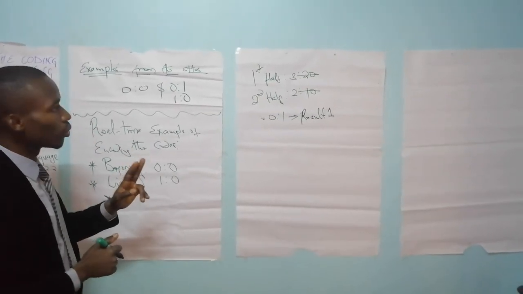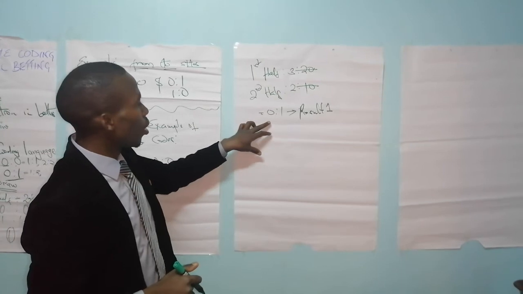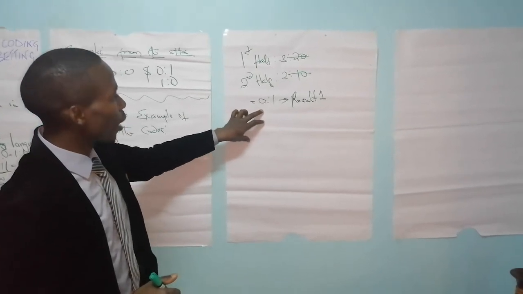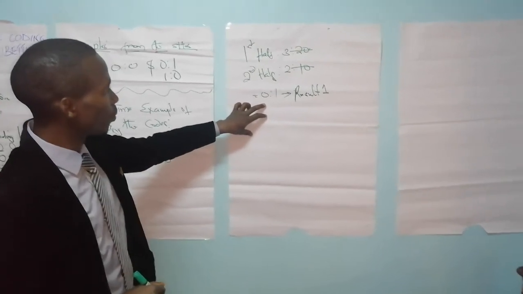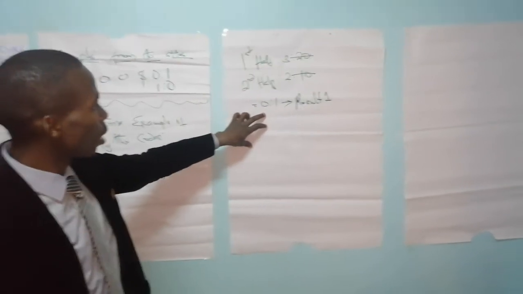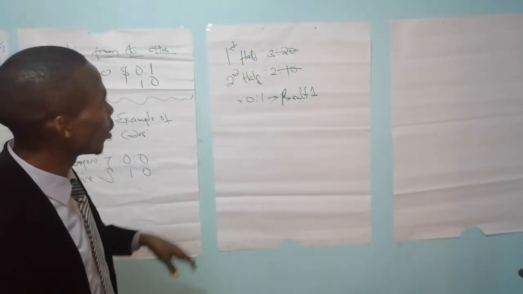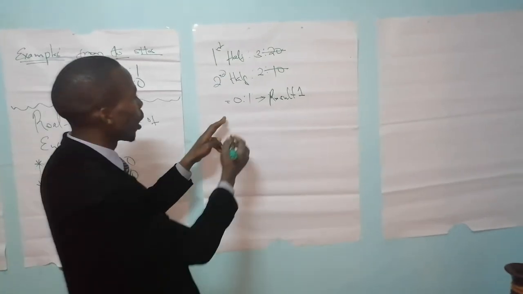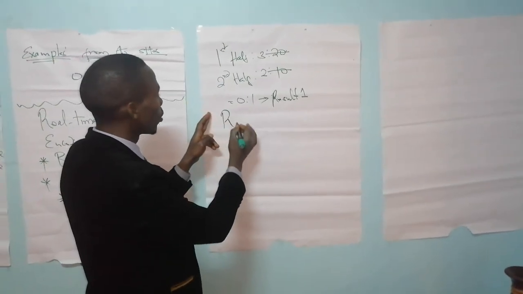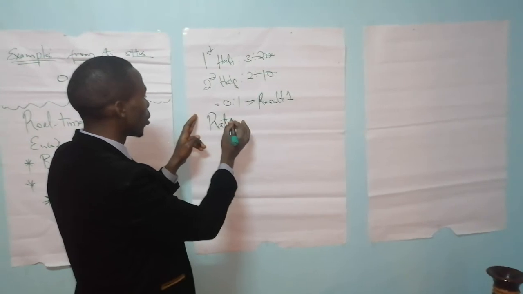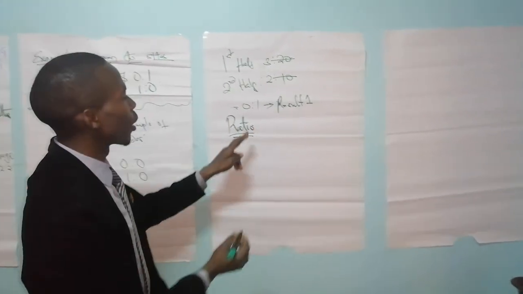There's result 2. For you to be safe, under the result 0 to 1 code, you'll have no option but to work with ratios.